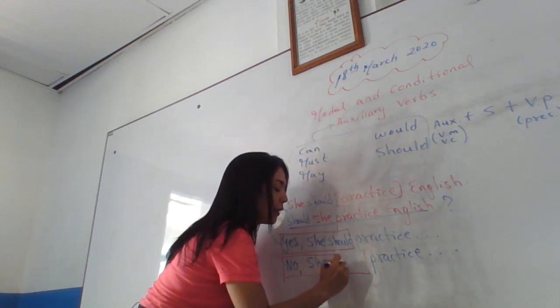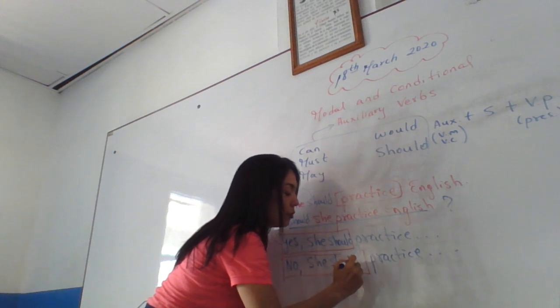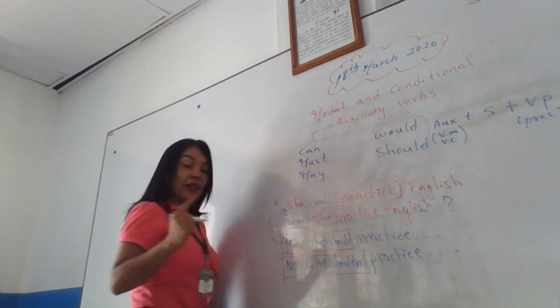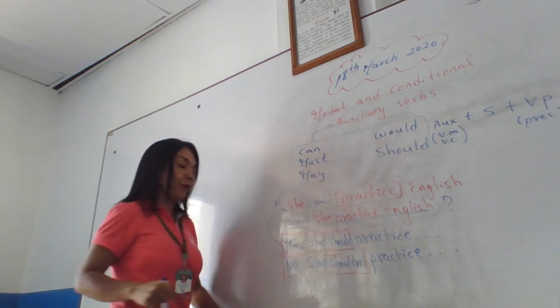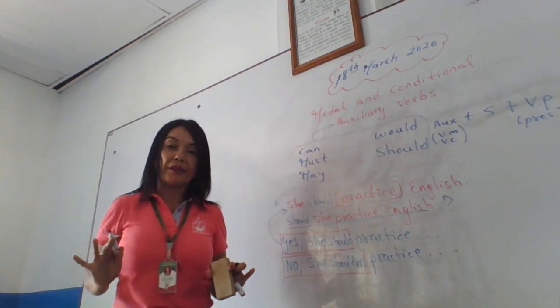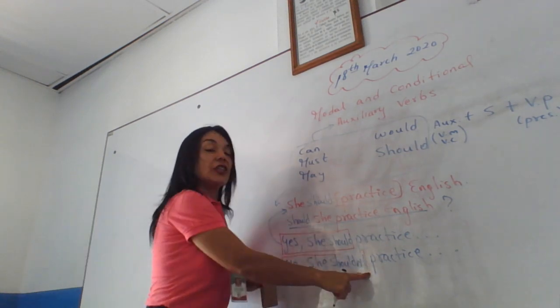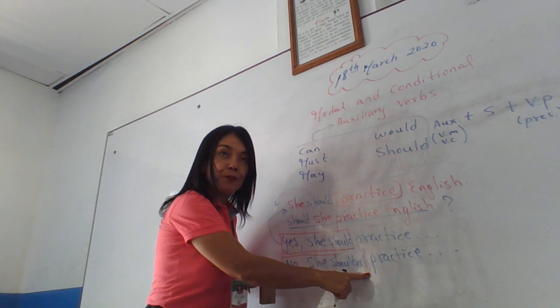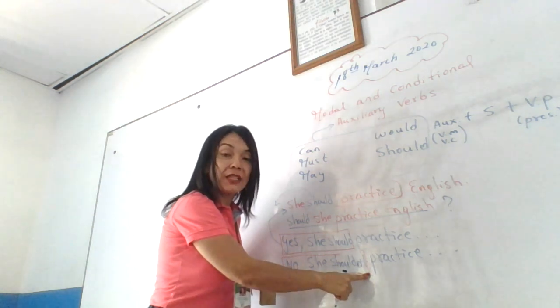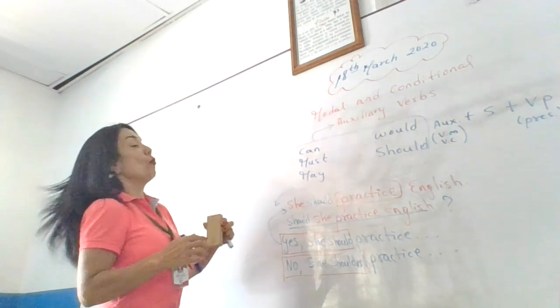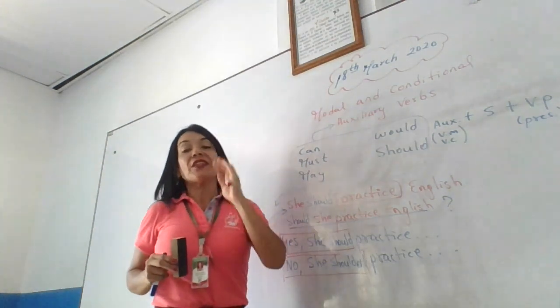In the negative answers, you use the same conditional verb, but in negative way. For example, no, she shouldn't practice English. No, she shouldn't. Like a short negative answer. Well, it's so easy as you can see.